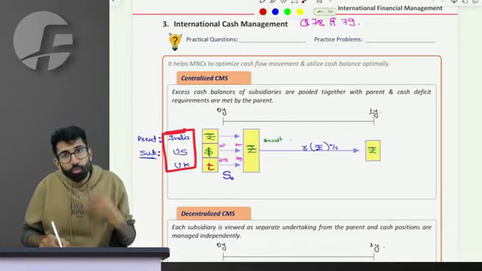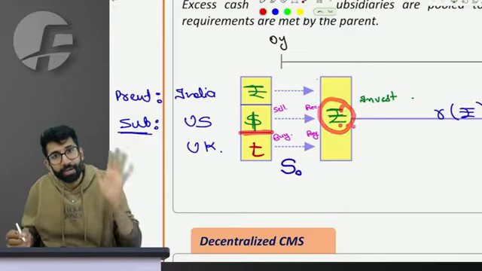Two ways. One is centralized. Centralized means India, being the parent company, has excess rupee cash available with it. The US subsidiary has excess dollars available. So one way to manage is that whatever excess you have, you sell it and transfer that to the parent company.